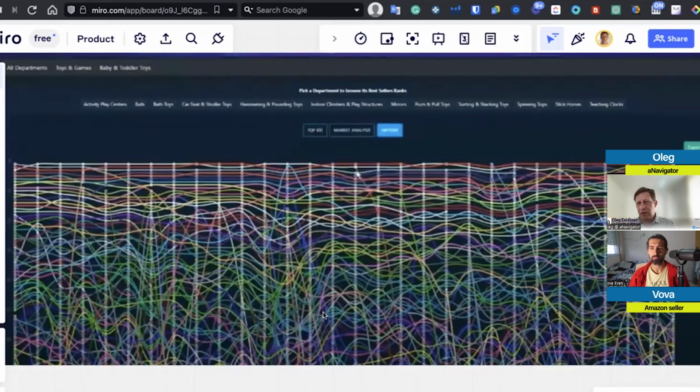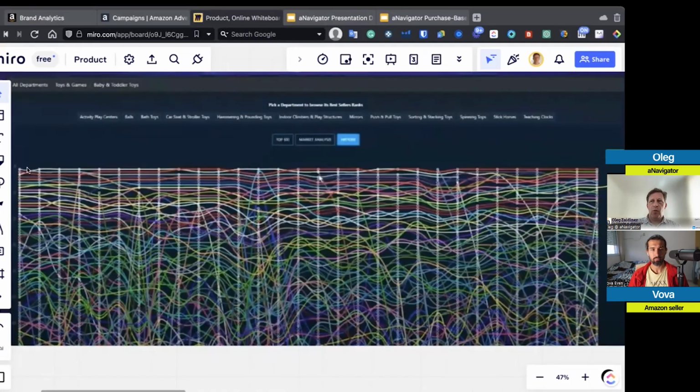What we see from this chart is that top players are stable, right? Number 1 is super stable. Numbers 2 and 3, and then the farther you go from number 1, the more volatile you become. It's like the stock market.